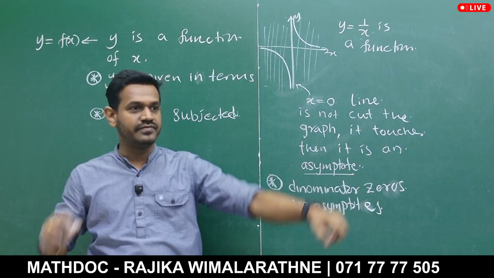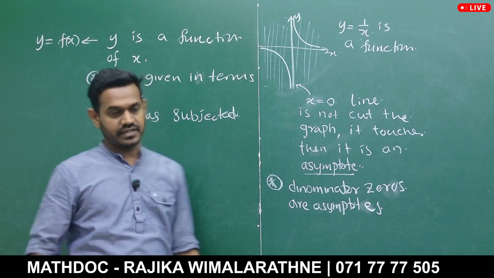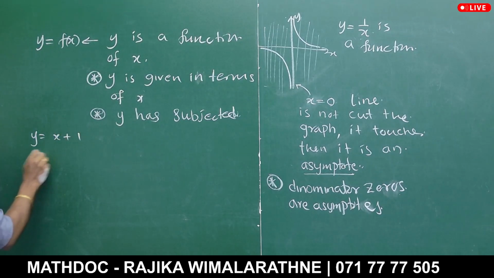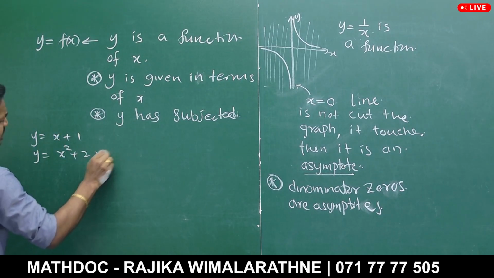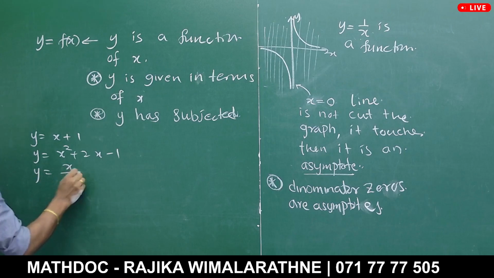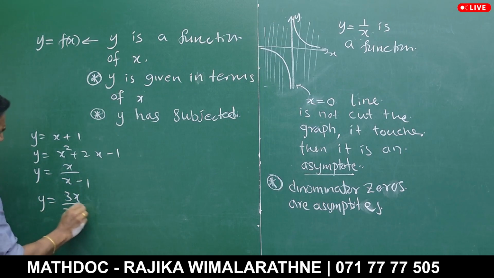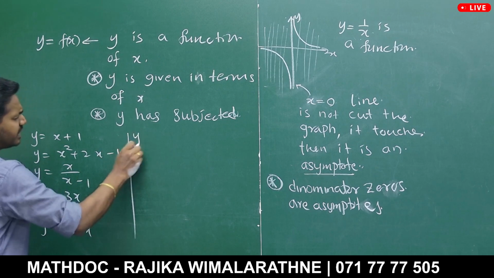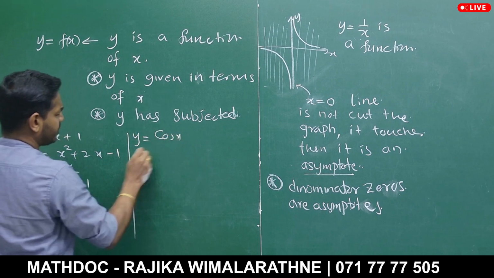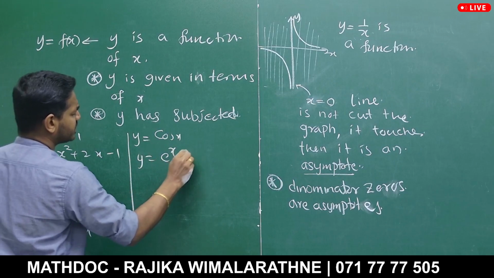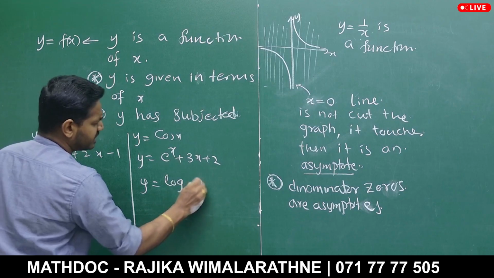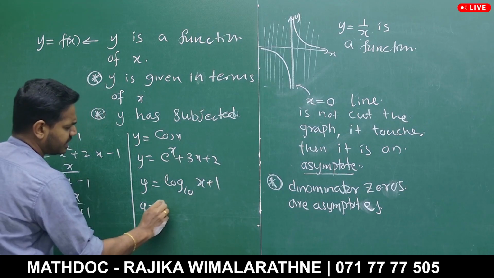Then algebraically we can see that logic. See, y equals x plus 1, y equals x squared plus 2x minus 1, y equals x over x minus 1, y equals 3x over x squared plus 1, y equals sin x, y equals cos x, y equals e to the power x plus 3x plus 2, y equals log base 10 of x plus 1, y equals root of x plus 1.